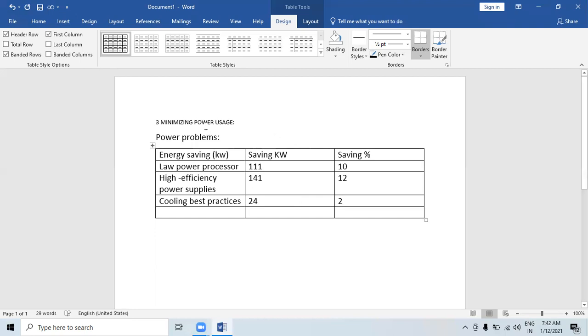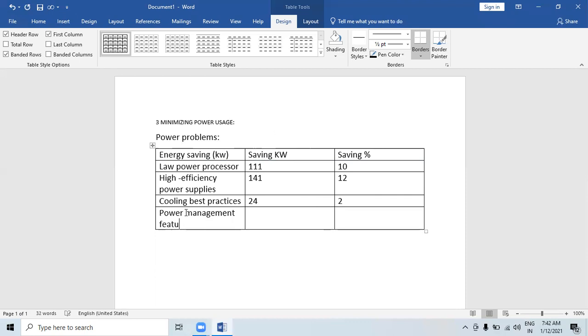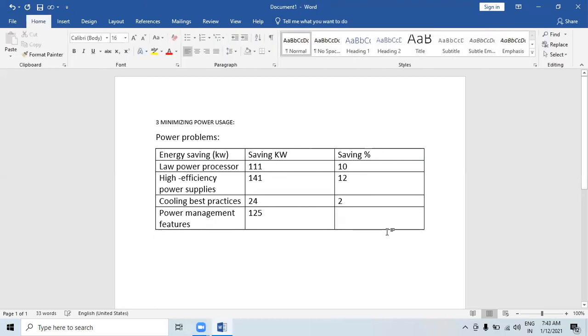Then power management features, saving 125 kilowatts and 11%.